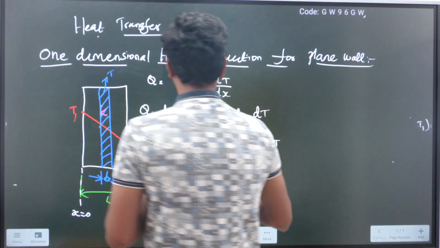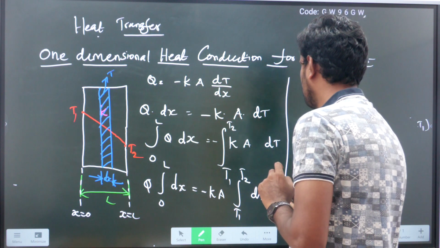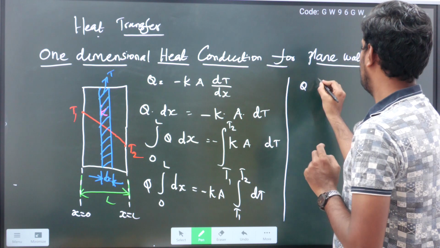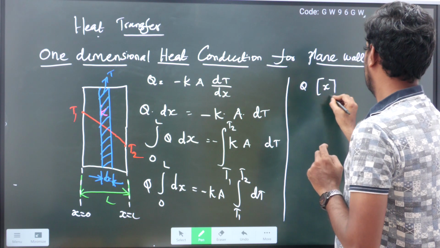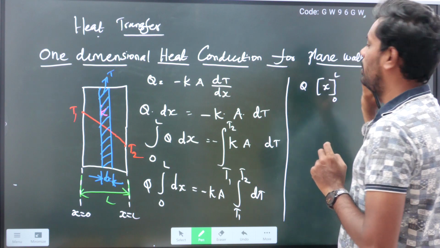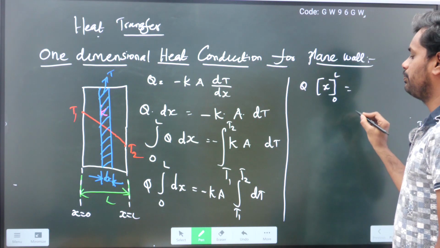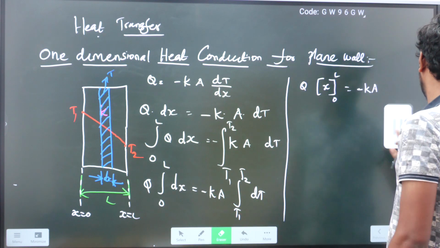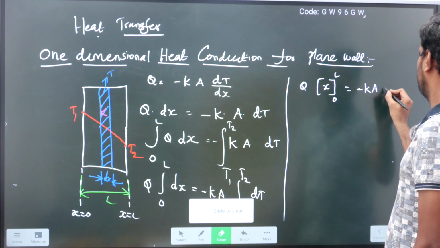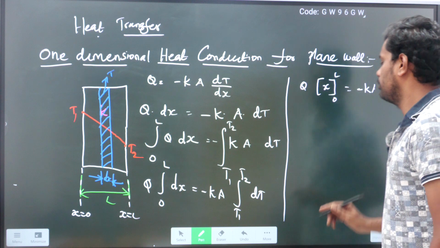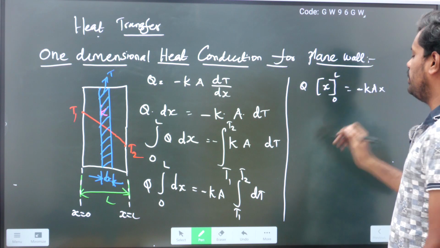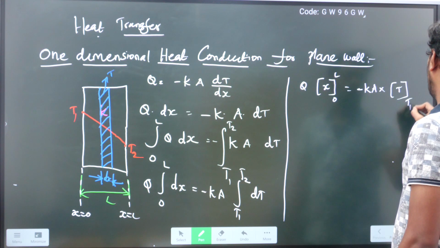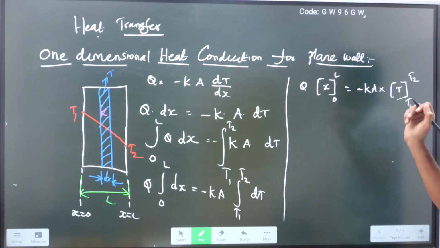Now we are going to integrate this dx and dt. It's a very simple integration, we have studied already. So q into, if we integrate dx, this will become x, lower limit is 0, upper limit is L, equal to minus k a into, if we integrate dt, this will become t, so t1 to t2, lower limit is t1, upper limit is t2.